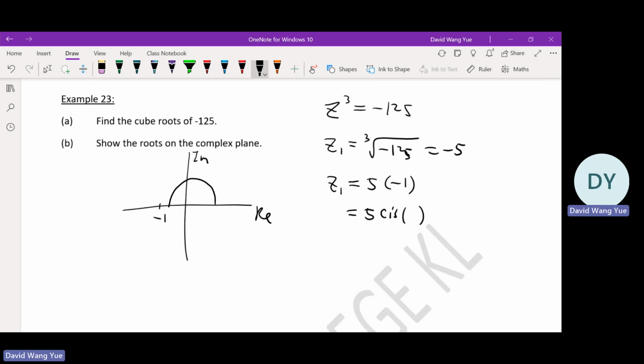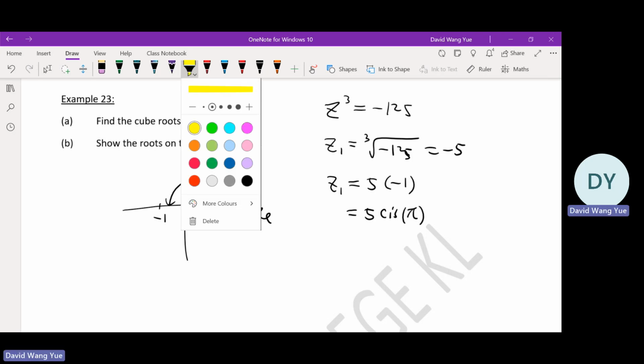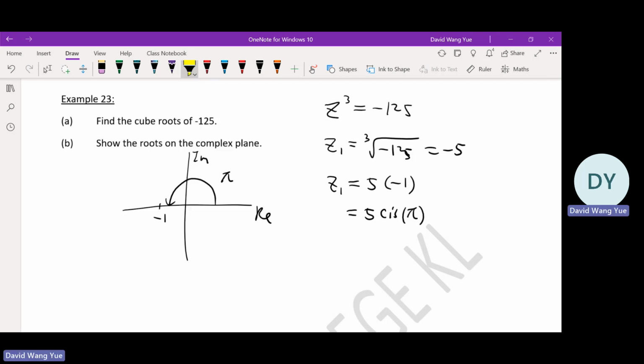So if I go this way, it's pi. So -1 in polar form has argument pi, so 5 times -1 is 5 cis pi. This is Z1. Now since it is to the power of 3, there must be 3 roots.